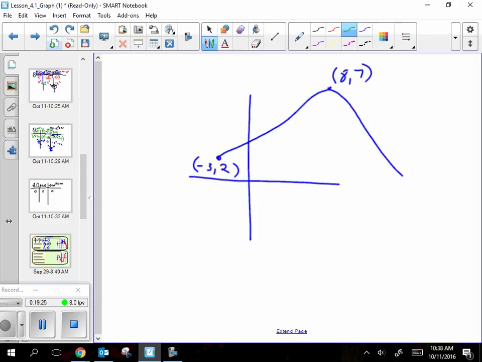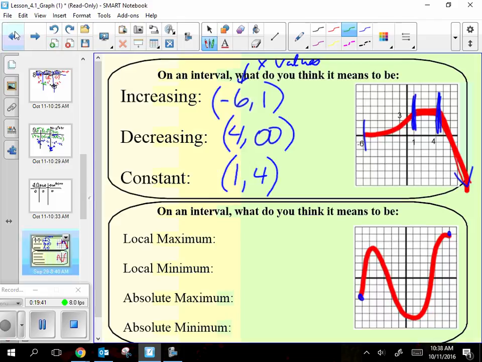The x values, from -3 to 8. I get its height went from 2 to 7, but that's not the question. The question is over what interval from here to here it was increasing, and that's the x values. All right, so these are all x values for increasing or decreasing.